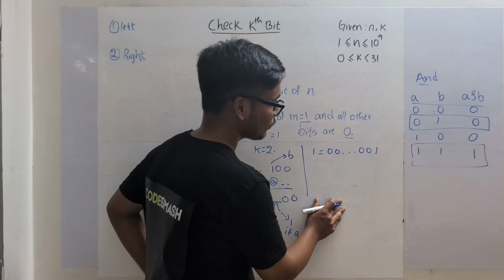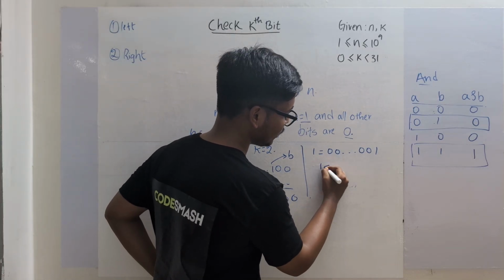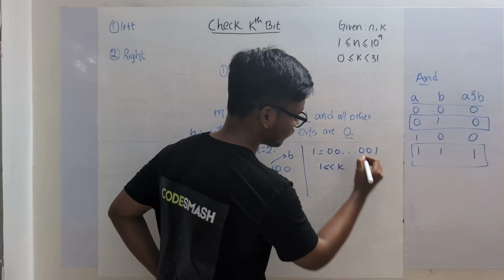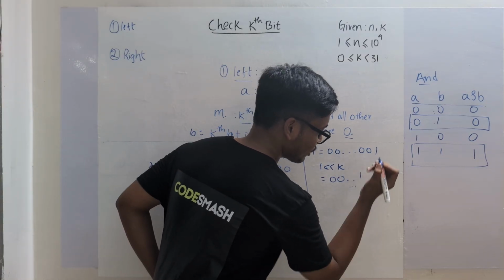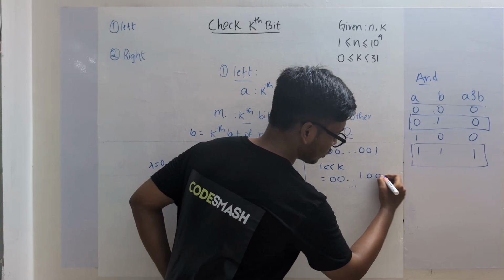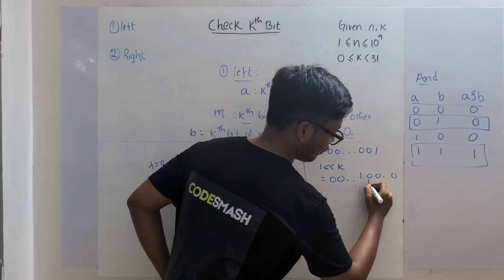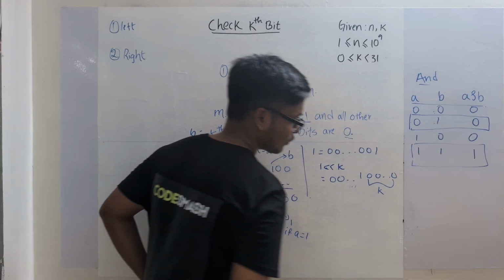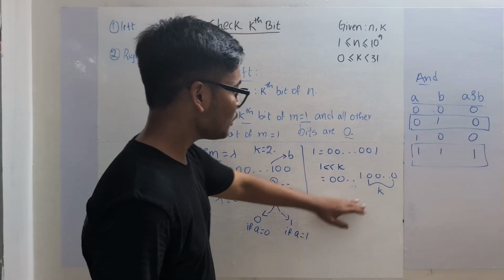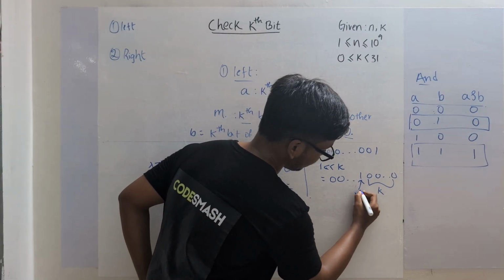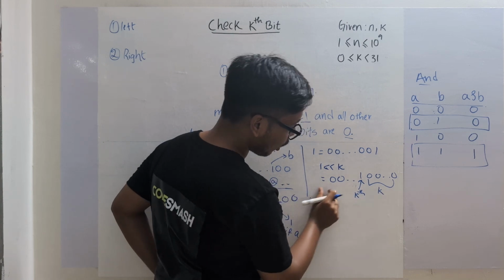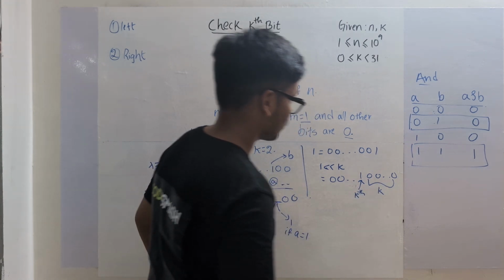Now if we do left shift of 1 by k times, it will become 0 0 and so on, somewhere 1, and then again 0 0 0, and we'll have k zeros. Which is nothing but only the kth position is 1, and all other bits are zeros.